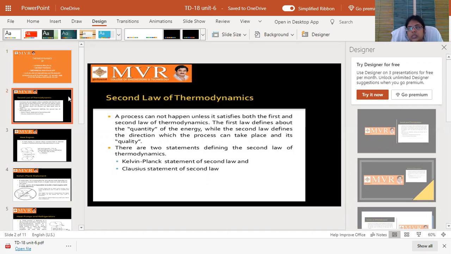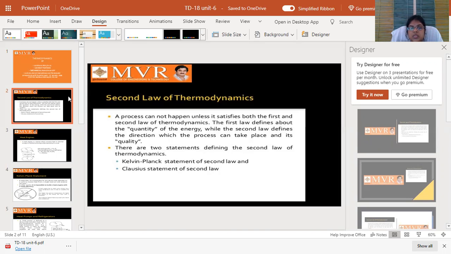In the first law, we just say that heat is converted into work and work is converted into heat. In the second law of thermodynamics, it gives the direction: how the energy transforms from a higher body to a lower body or from a lower body to a higher body.